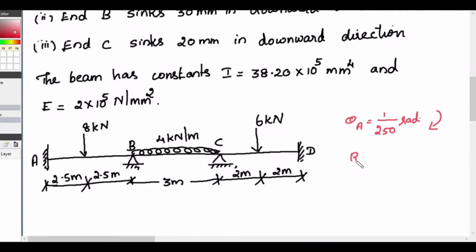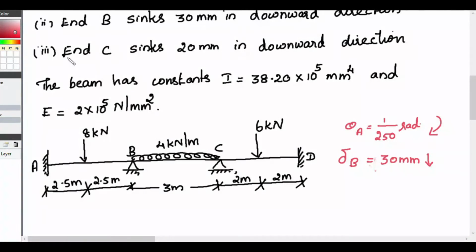So our support B sinks by 30 mm. That means our delta B is equal to 30 mm in the downward direction. Now, next given is end C sinks 20 mm in the downward direction. That means our delta C is equal to 20 mm in the downward direction.